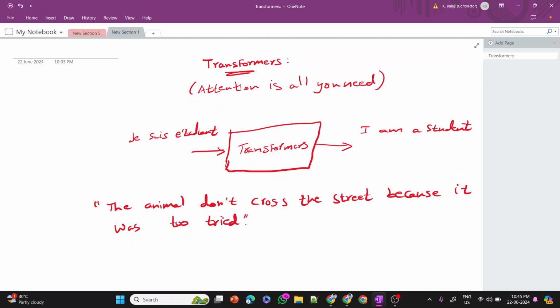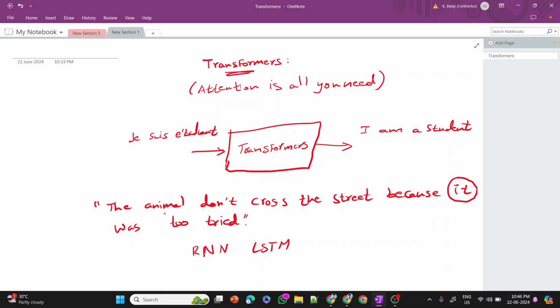We give this sentence to an old architecture from before the transformer, like RNN and LSTM. Whenever we give this input to an RNN or LSTM, it cannot understand what "it" is referring to.